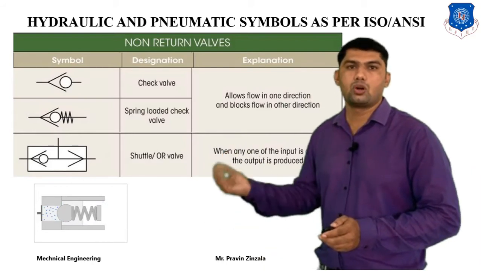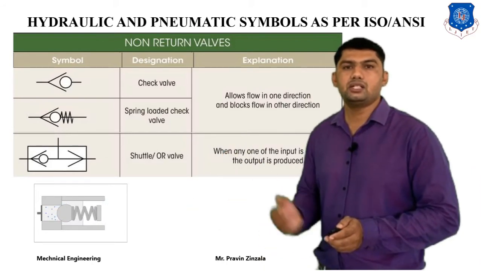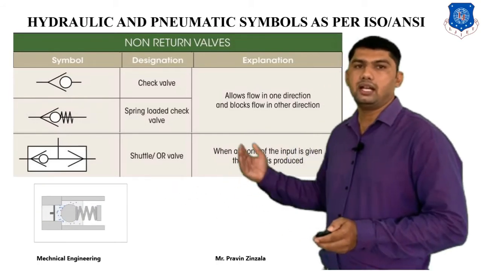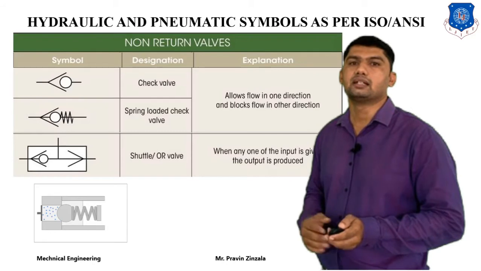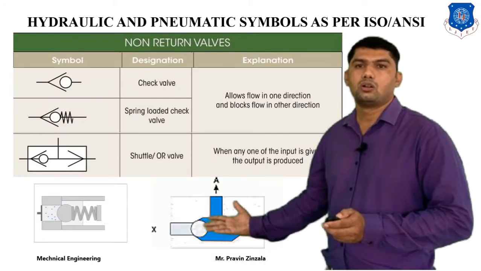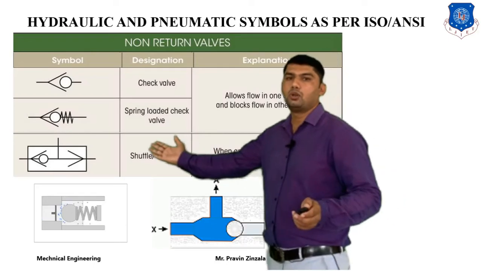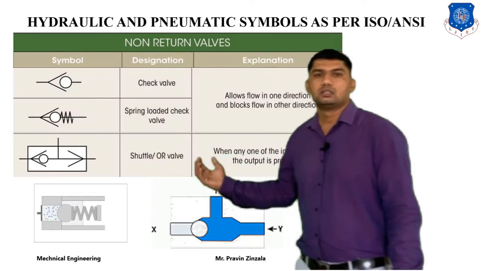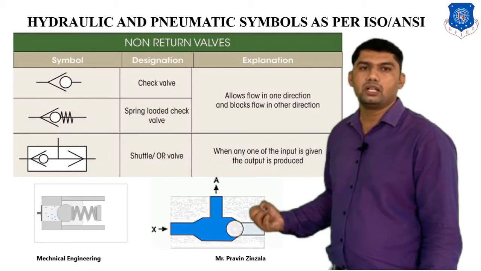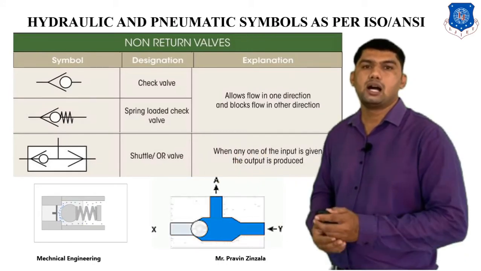It's called an OR logic circuit. It is also used in pneumatic systems for automation and industrial circuits. So this is the diagram of the OR valve, and this is the symbol of the OR valve or shuttle valve. The mechanism of the OR valve is that it has two inputs and one output.